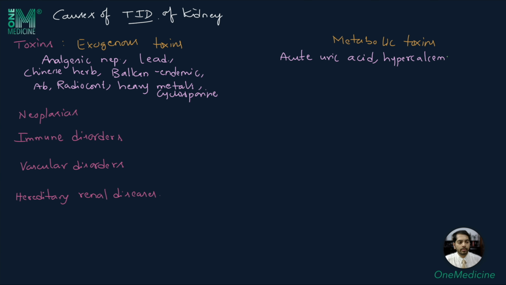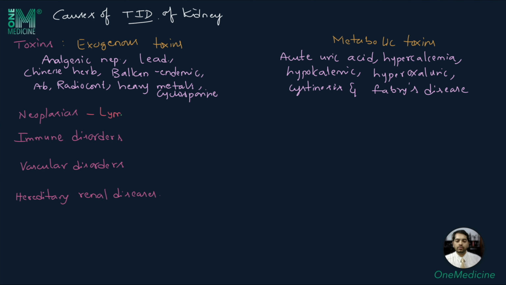The metabolic toxins include acute elevations in uric acid causing acute uric acid nephropathy, hypercalcemia induced nephropathy, hypokalemic nephropathy, hyperoxaluria, cystinosis, and Fabry's disease. Neoplasias include lymphoma, leukemias, and even multiple myeloma.